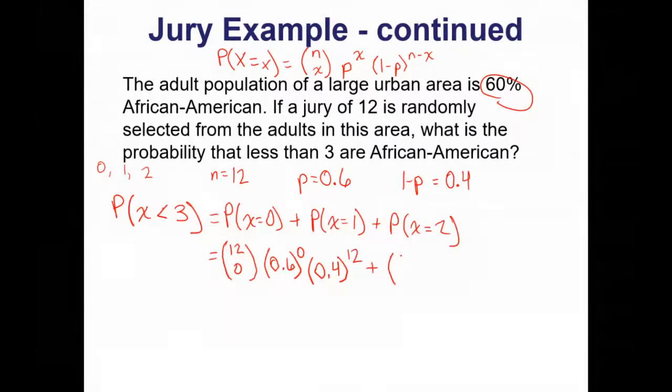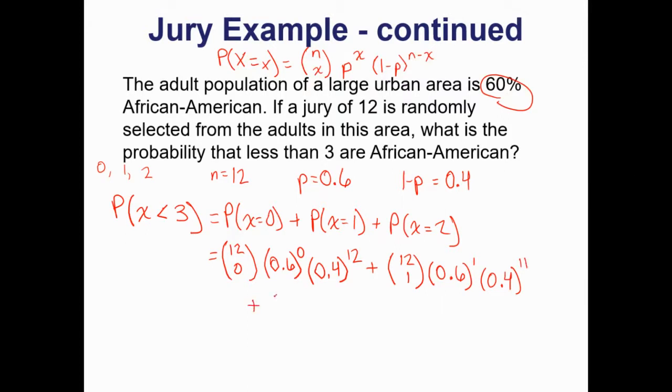Plus, now we need to do the probability that we have 1 success. The 12 choose 1, 0.6 to the first power. How many failures will I have if only one of them is a success? 11.